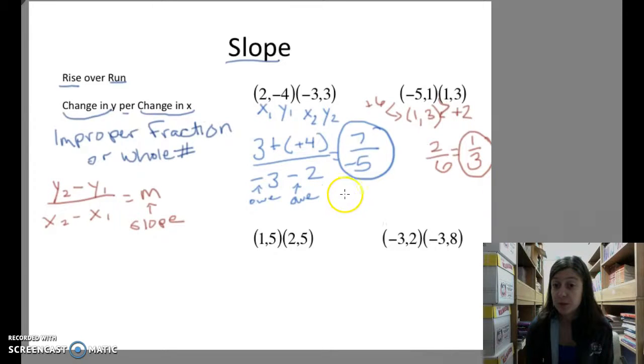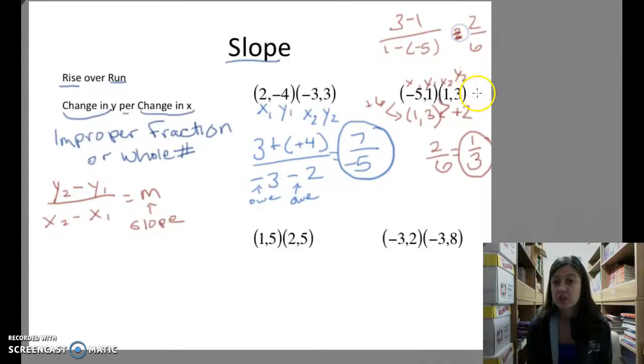If you used the formula, you would have gotten it right. 3 minus 1, y2 minus y1, over x2 minus x1, 1 minus negative 5, is 2 over 6, which is 1/3. So you don't really have to use that formula, but it's a good one to know.